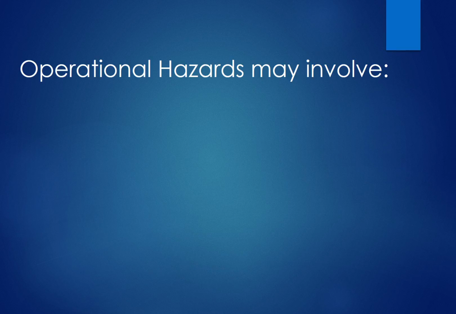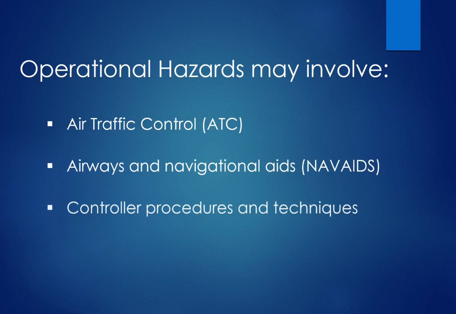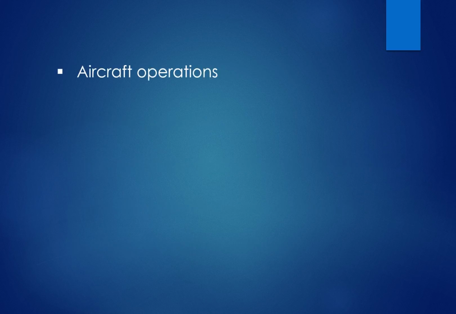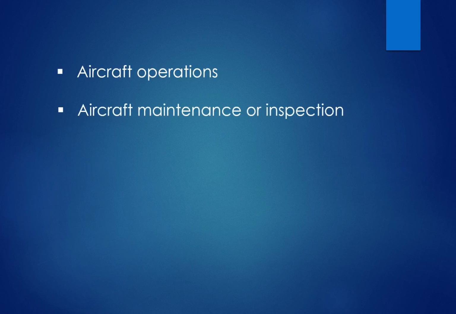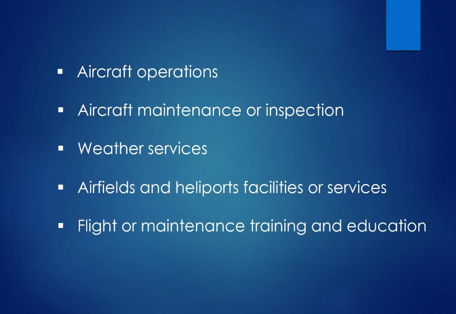Operational hazards may involve air traffic control, airways and navigational aids, controller procedures and techniques, near mid-air collisions between aircraft or near collisions between aircraft and other objects in the air or on the ground, aircraft operations, aircraft maintenance or inspection, weather services, airfields and heliports, facilities or services, flight or maintenance training and education.